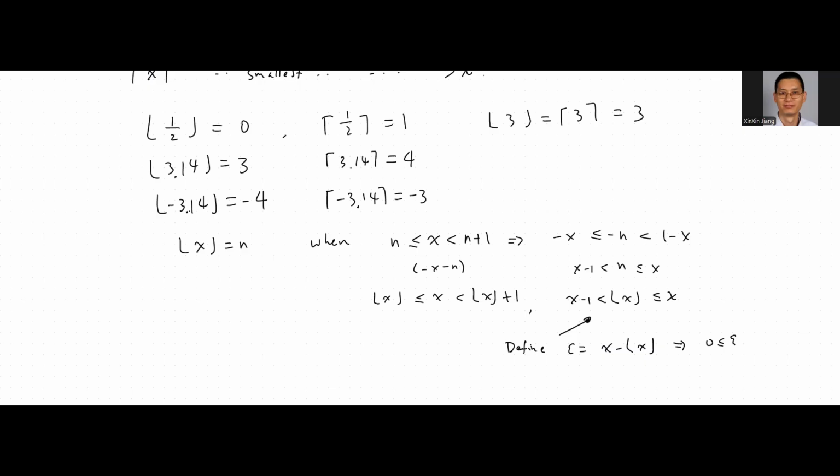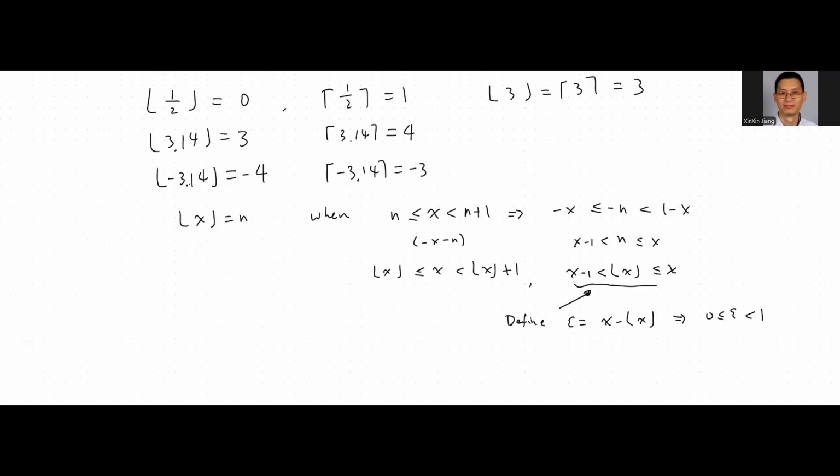This is always non-negative. x is greater than or equal to the floor of x. And then x minus the floor of x would be strictly less than 1. You really just work with this inequality. Please try to make sense out of it. Work a little bit on the algebra.